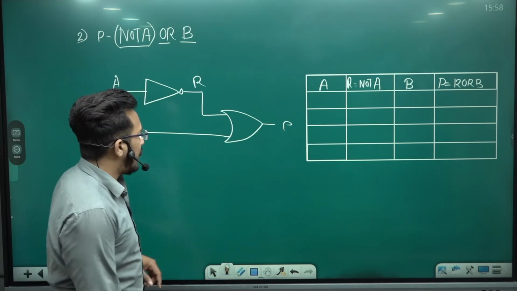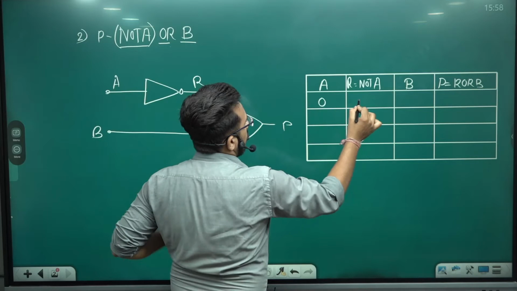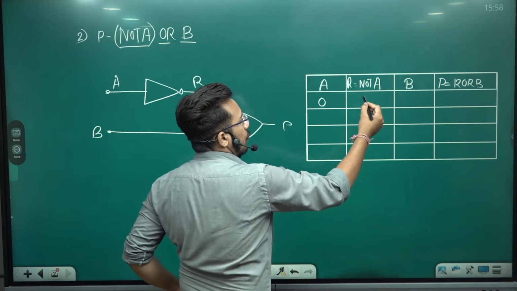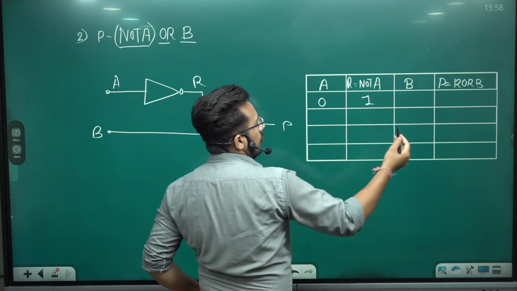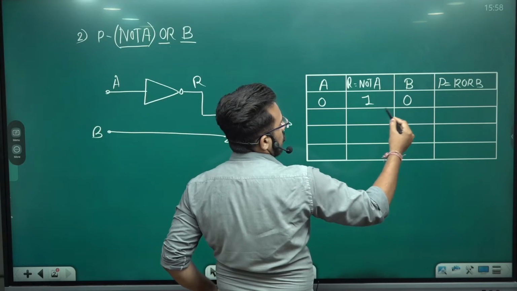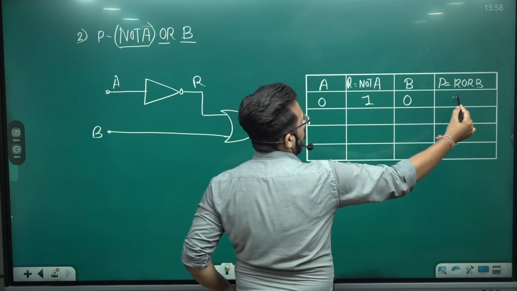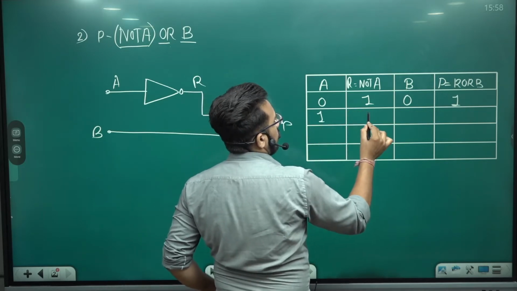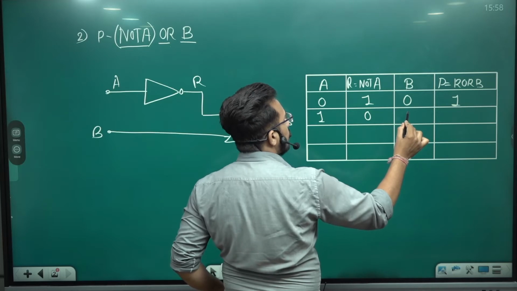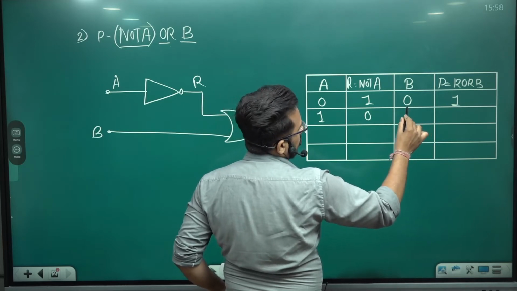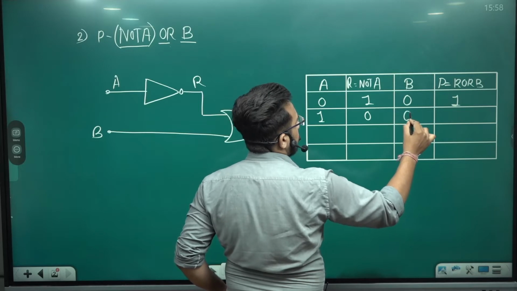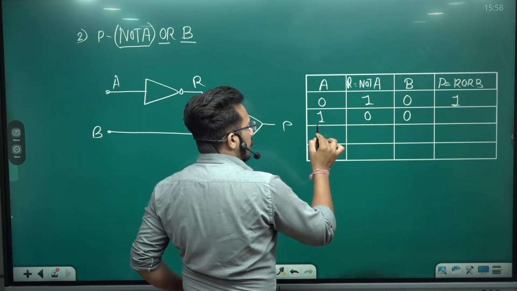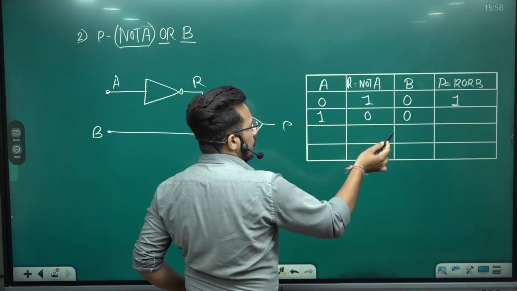Now tell me the answer for this. A is 0 here, 1. In the beginning B we also consider 0. Now the answer 1. Okay, A as 1, 0. In the beginning 0, this we also consider 0. Okay. This time once this is 0, then 1, then this will be 1 0, and there will be 1 1.